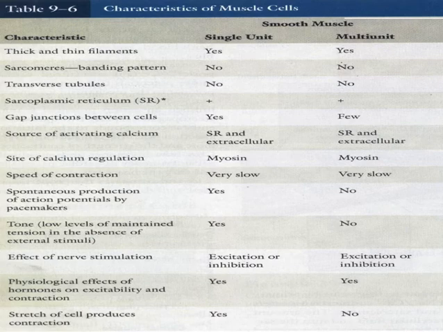And here you can see that action potentials can be produced spontaneously in the single unit, but that is not the case in multi unit smooth muscle.